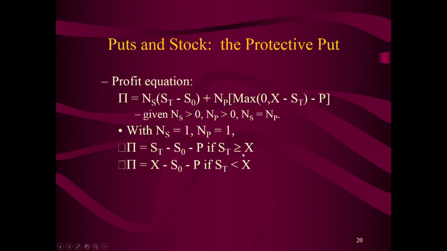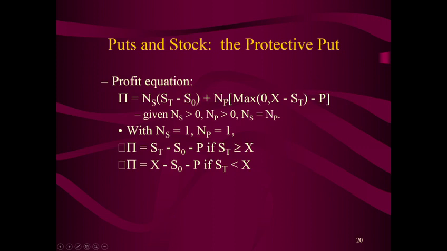If your put is in the money, what happens? Again, you fall back onto these two components. So what do you get? ST minus SO again, and because it's in the money, the put payoff becomes X minus ST. So ST minus SO plus X. Very good.